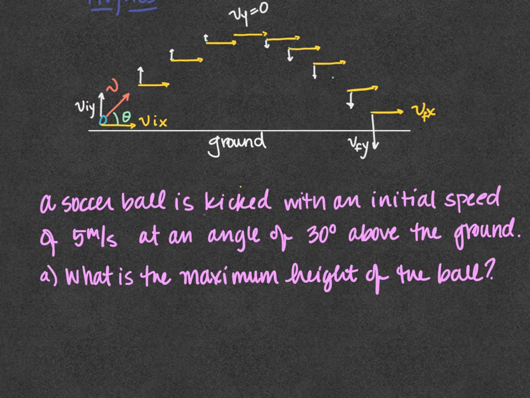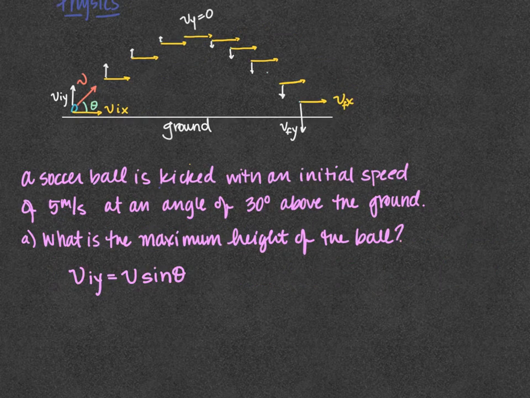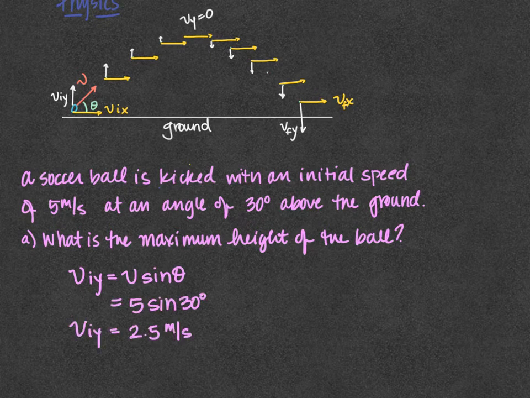So the first step is to figure out what is that initial velocity in the y direction, because I've been given the magnitude and direction of the velocity. From our notes, the initial velocity in the y direction is v sine theta. Making sure your calculator is in degree mode, 5 sine 30 should be 2.5 meters per second. So now we know the initial velocity in the y direction.